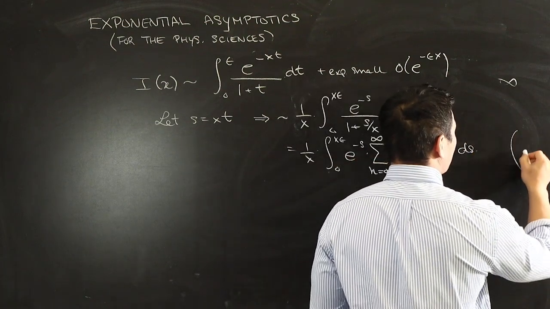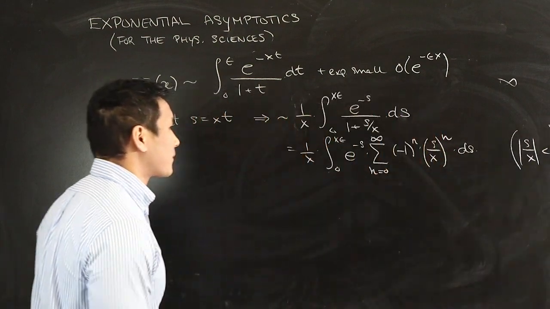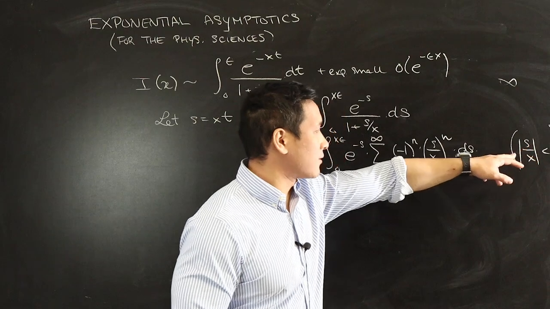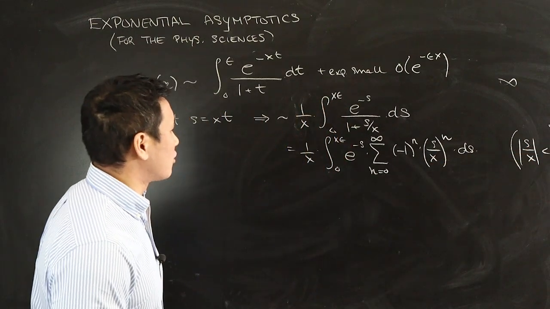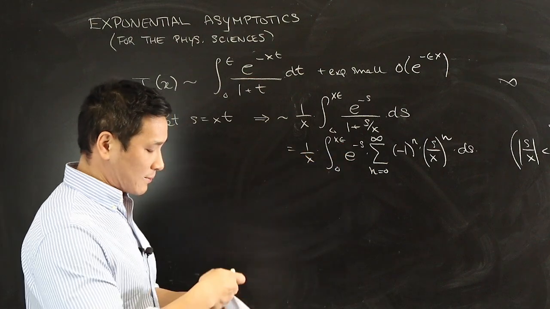So in particular, I need s over x to be less than 1. Okay, but that can be controlled, as long as I have selected my epsilon to be sufficiently small.